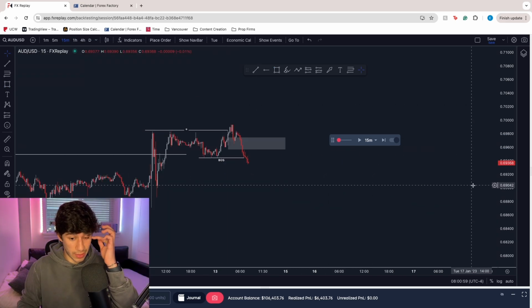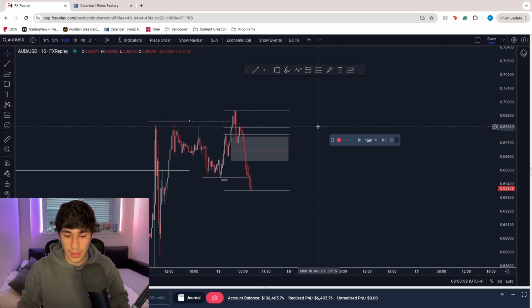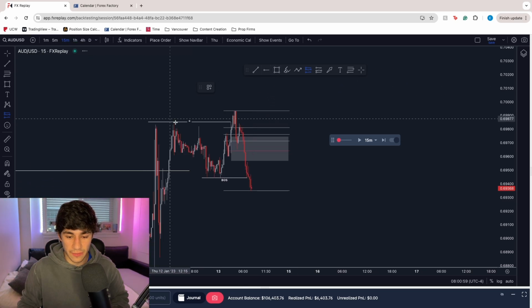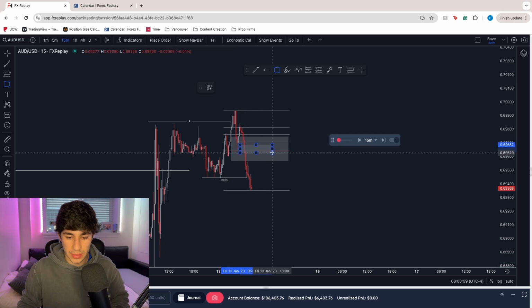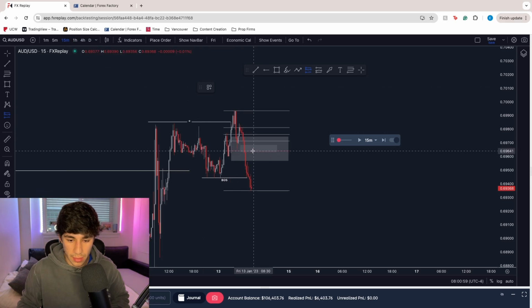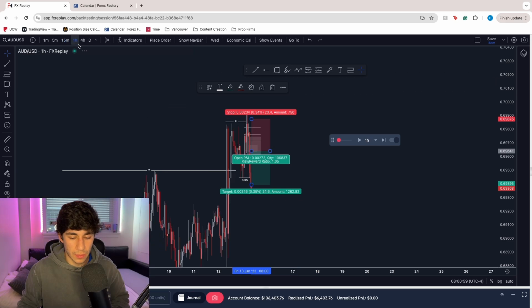So what I'm expecting for my session is for price to reverse to a 60% and sell. Where's the 60%? A little bit higher, but based on the fact that there's a fair value gap in this area, I'm gonna place my order in the 50% here with my stop loss in this area. And where will be my target?